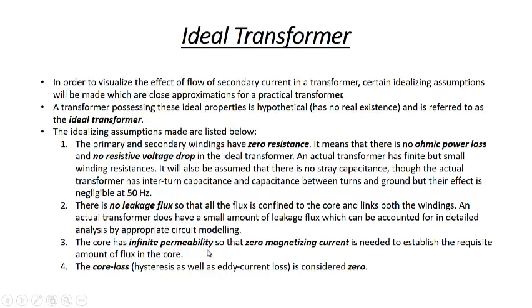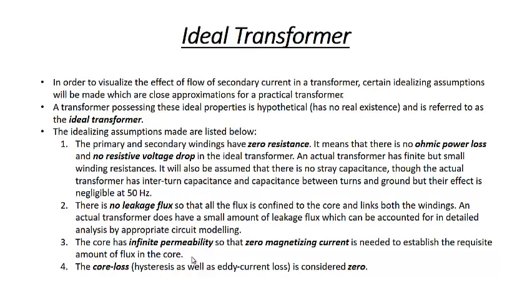The core has infinite permeability, so that zero magnetizing current is needed to establish the requisite amount of flux in the core. Since we know that the flux is dependent on the voltage and the frequency, and this flux is related to the exciting current, that is, mmf, which is equal to Ni, is equal to phi into reluctance.